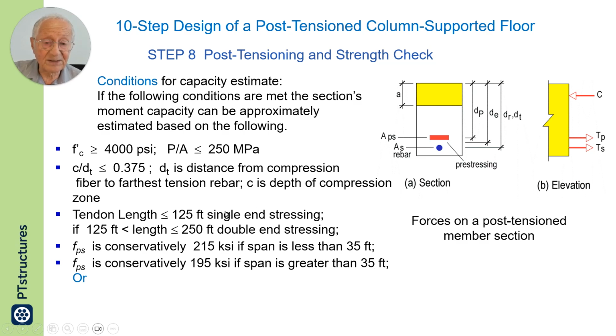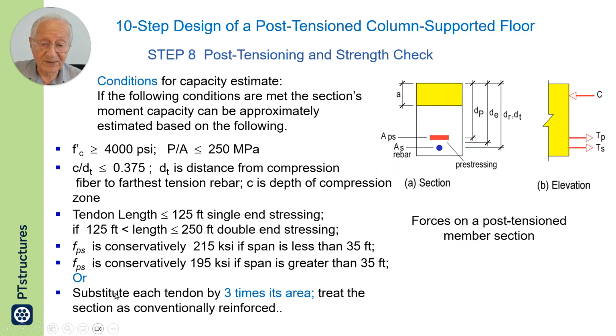Now, this is a conservative suggestion bypassing the more complex code formula to be on the safe side. Or if you want to be even more conservative, you substitute each tendon by 3 times its area and assume that it is rebar.